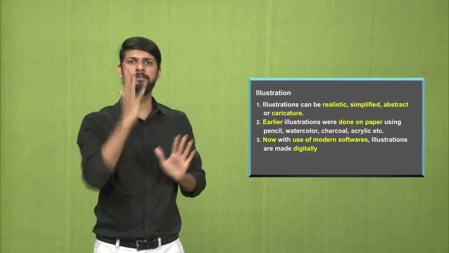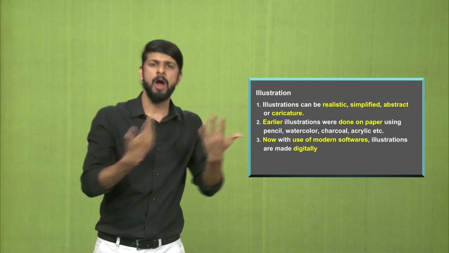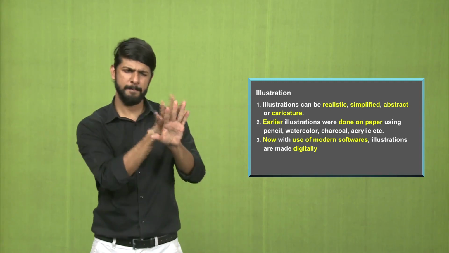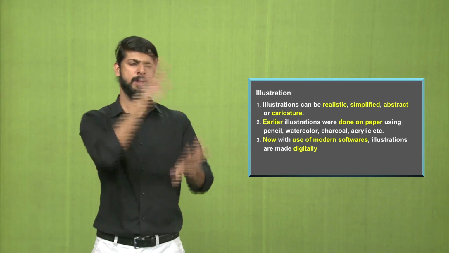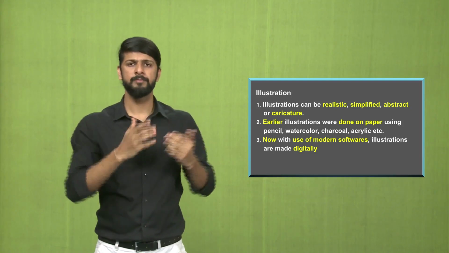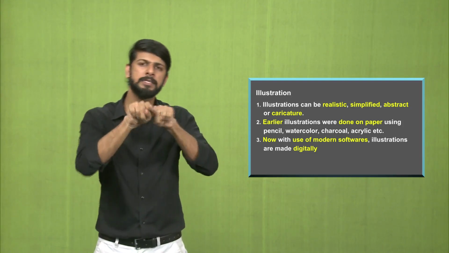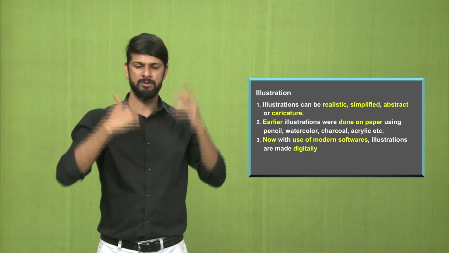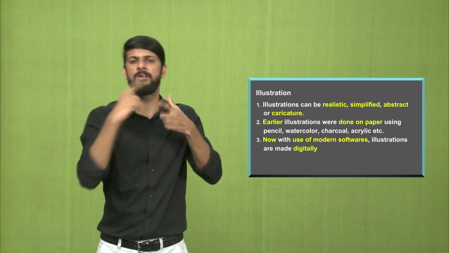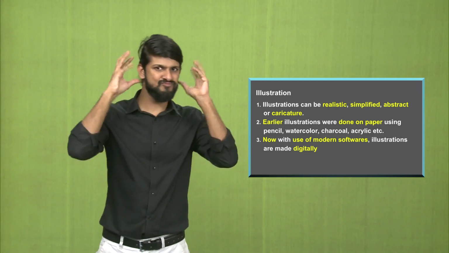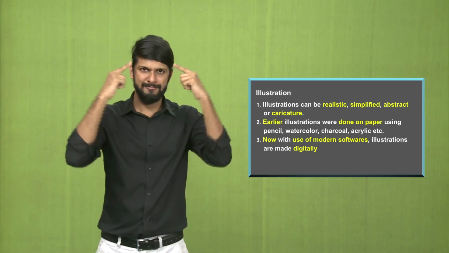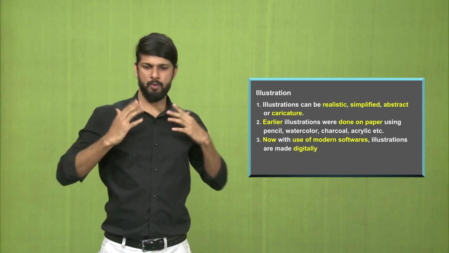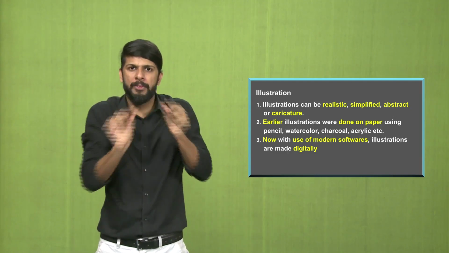Illustrations can be realistic, can be simplified, can be abstract, or could be caricatures. Caricatures would be cartoonish, where for example, the face is bigger, the nose, the ears, the mouth, maybe the lips are hanging out, where the body would be very small.